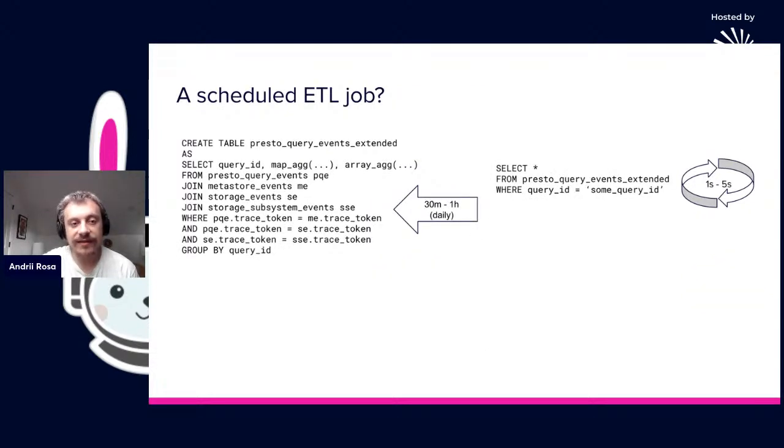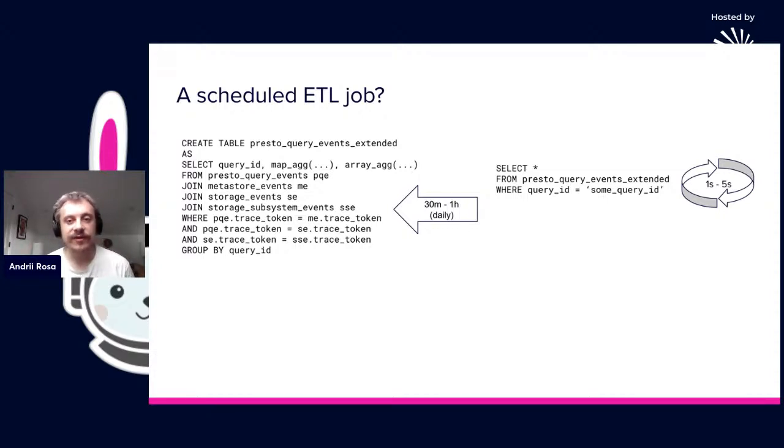To get the interactivity back, what I used to do was create a materialization. Basically, I would create a background scheduled ETL job that would join a Presto data set with all the other data sets, let's say once an hour or once a day, depending on granularity.